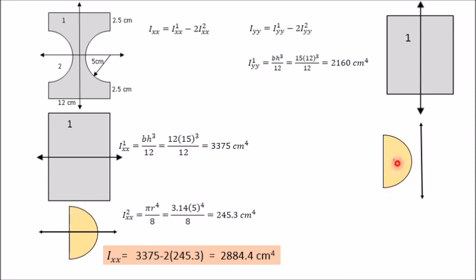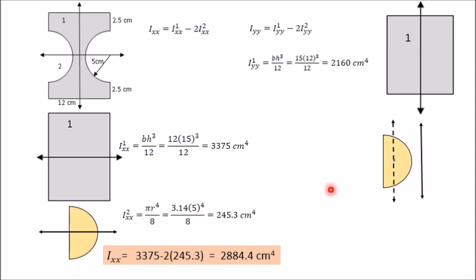From this centroid, I can draw another axis which is parallel to this y-axis. So you can say this is a y dash axis. About this axis, I know moment of inertia. In the previous example I have shown that this is 0.11 r raised to 4. That will be the moment of inertia of this semicircle with respect to this centroidal y-axis. But we require moment of inertia with respect to this axis.